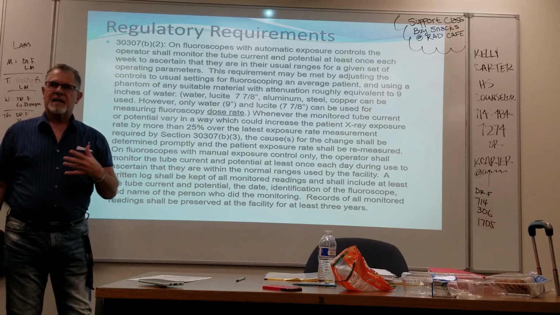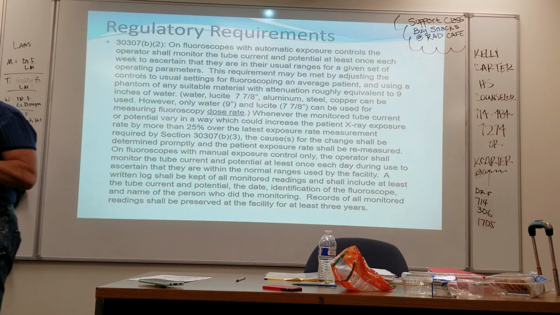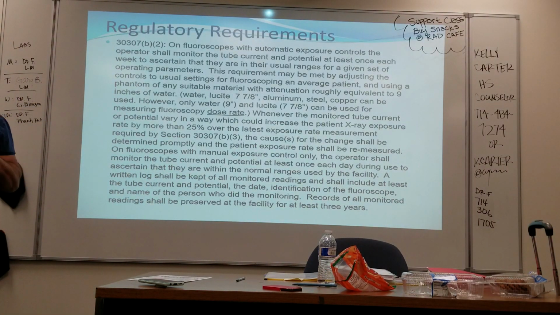Don't read all of it. The important part of this says that currently, 30307B2 for state of California says, for equipment that uses automatic exposure control, which is everything that you use now, there is no manual control anymore. Those units are all old.